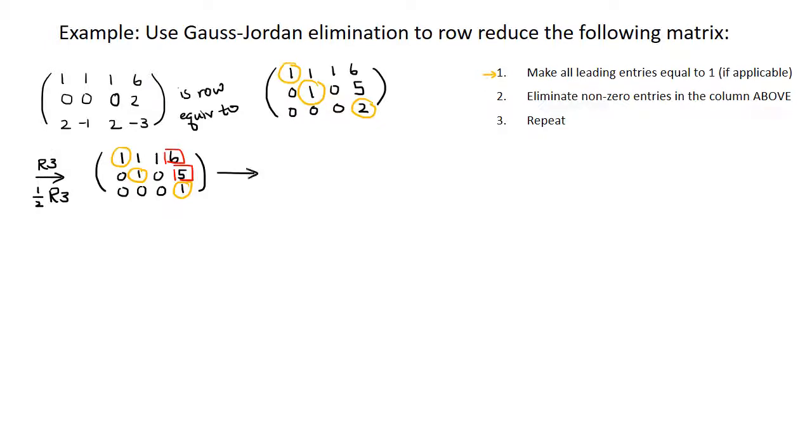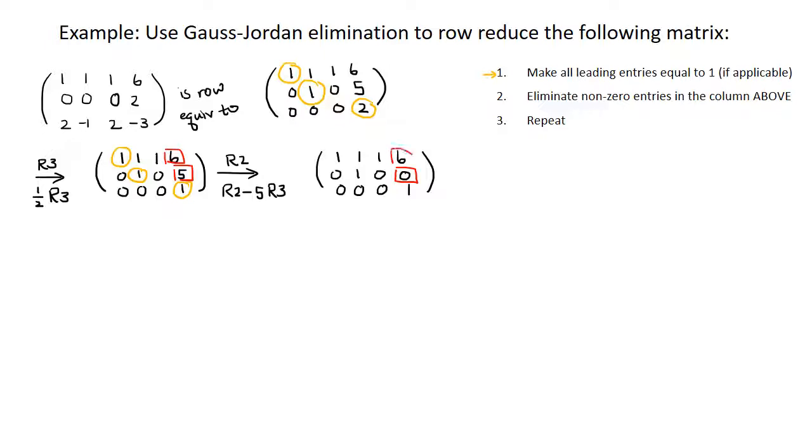So we're going to replace row 2 with row 2 minus 5 times row 3 to get rid of this 5. Okay, so this changes the 5 to a 0. And next we want to get rid of this 6.